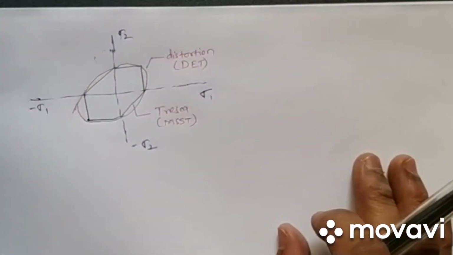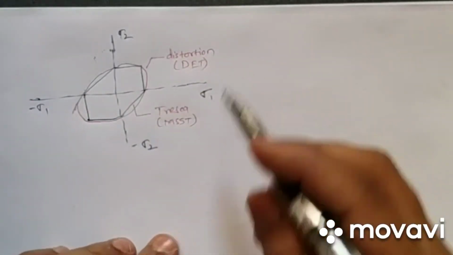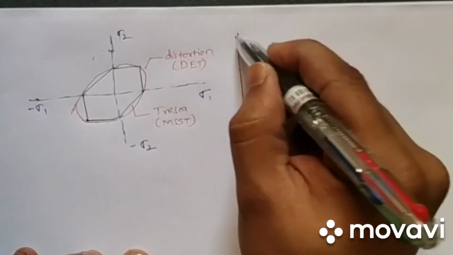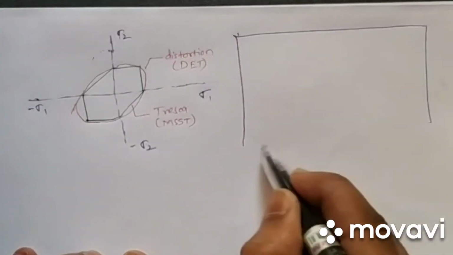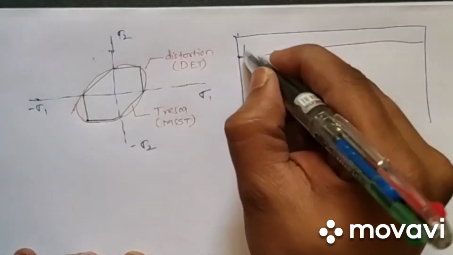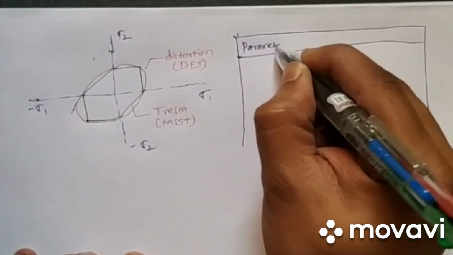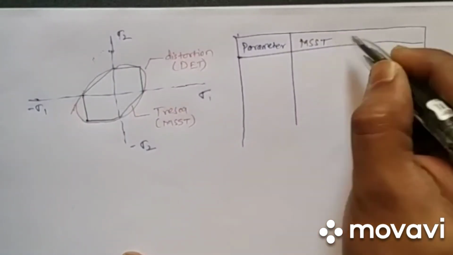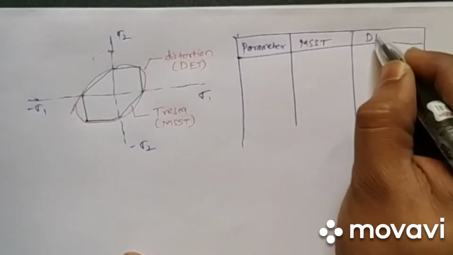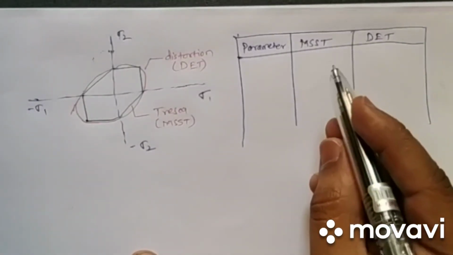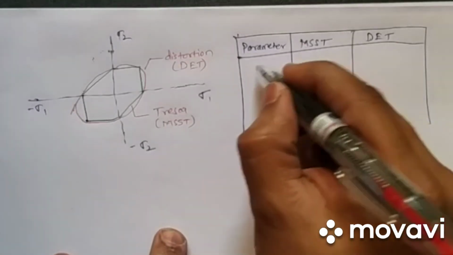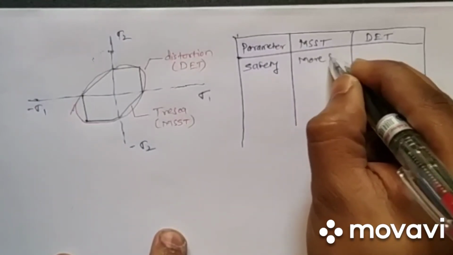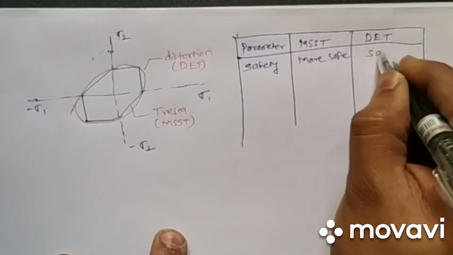Now we can see the difference between these two on different parameters. Let's consider the parameters for the maximum shear stress theory and for the distortion energy theory. First, if we consider safety, the maximum shear stress theory is more safe than the distortion energy theory.